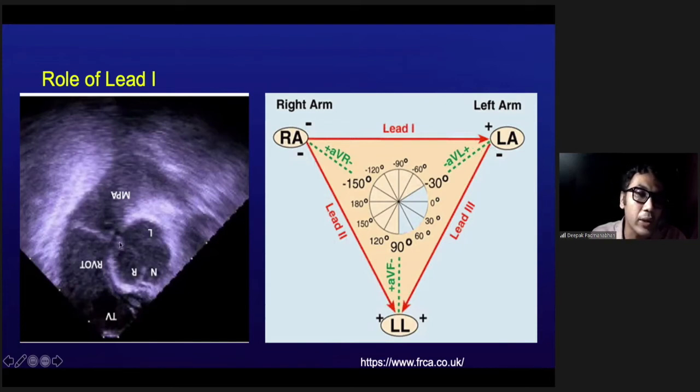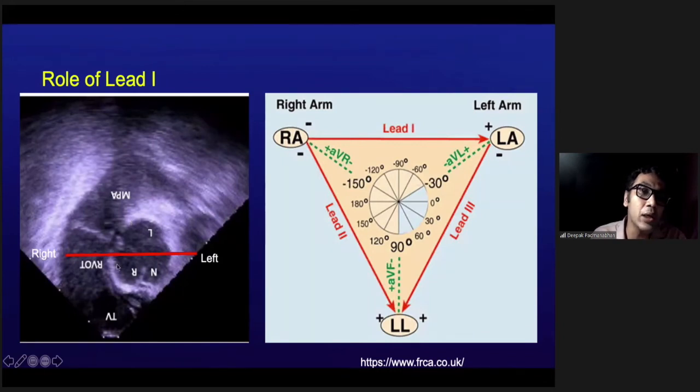So going back to our original image where we had the right ventricular outflow tract towards the left ventricular outflow tract, the right ventricular outflow tract being more right-sided anterior, whereas the left-sided is more left and towards lead 1. Anything originating from the anterior part of the right ventricular outflow tract will give you a positive lead 1, whereas as you go higher within the right ventricular outflow tract, the positive R wave in lead 1 may go on decreasing and even eventually become negative.